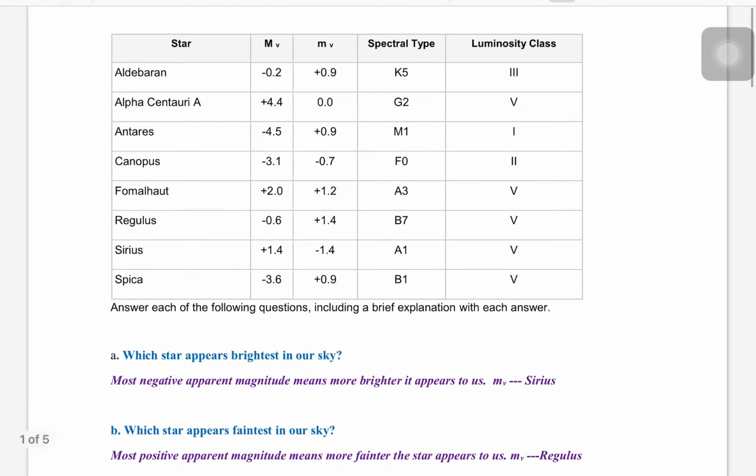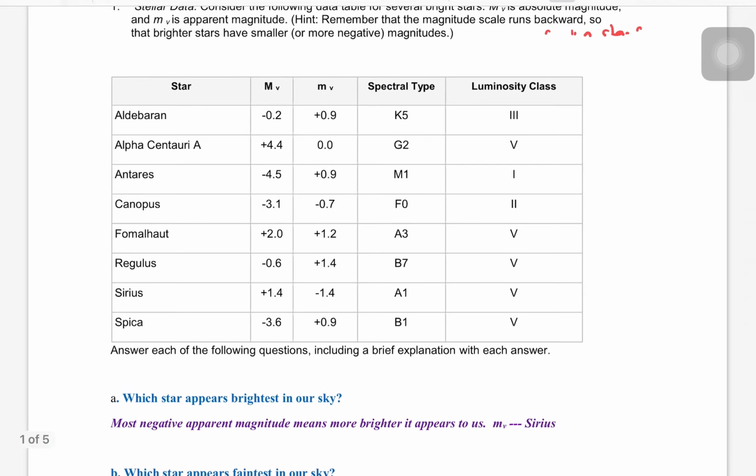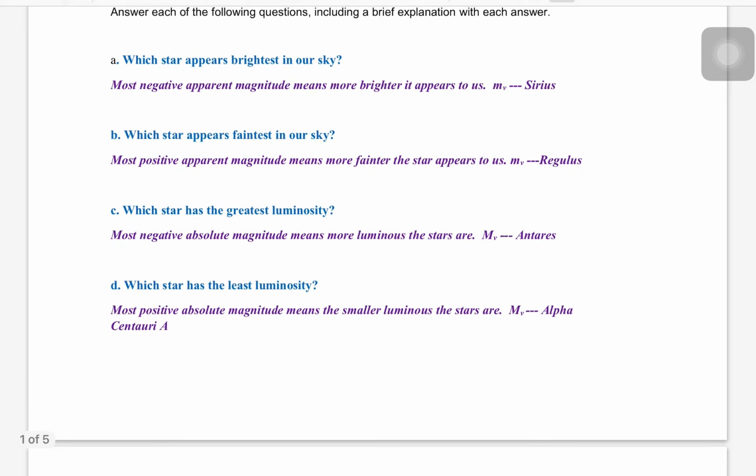So you now look at this column here, because it is talking about luminosity. Out of all this, the most negative number that I see is Antares, negative 4.5. So it is the most luminous star in the sky. Okay, so we got this answer too.